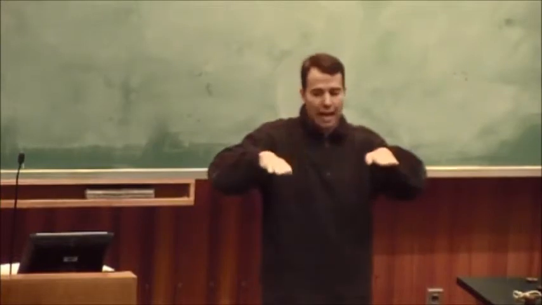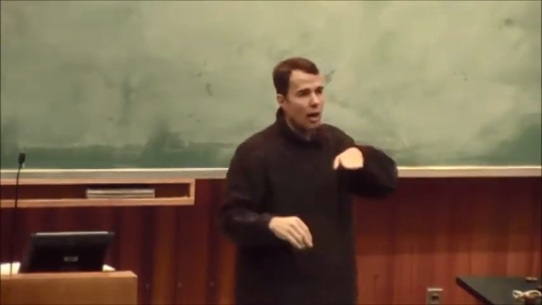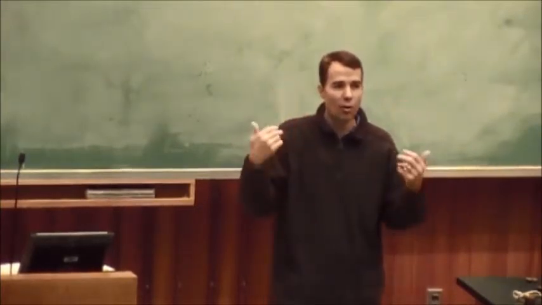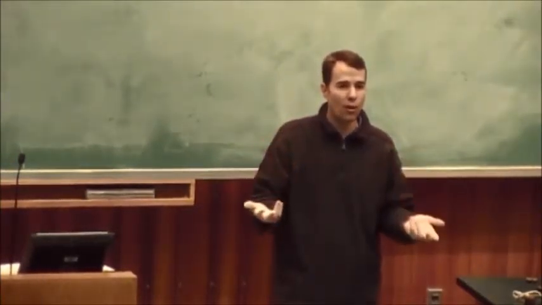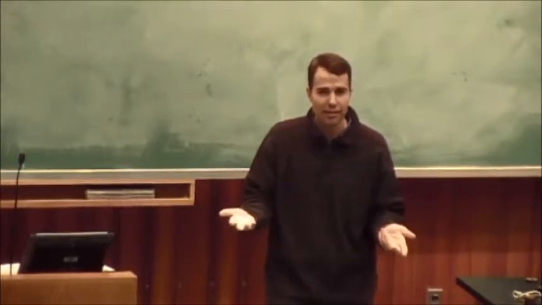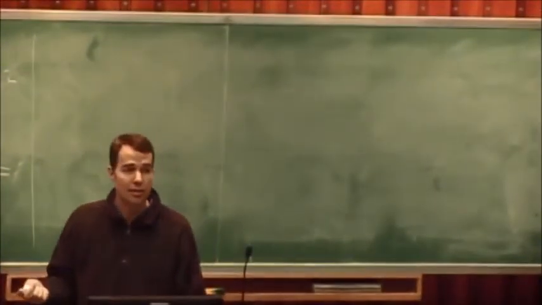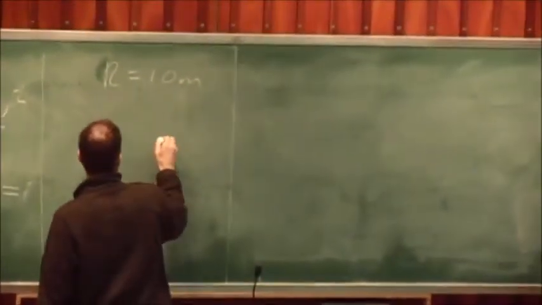So let's suppose it's flat, and what we want to find out is the fastest I can go around that before I'm in trouble. I was looking at my Google Maps today, and I found a little on-ramp by my house that had a radius of about 10 meters. So let's suppose that the radius is 10 meters.